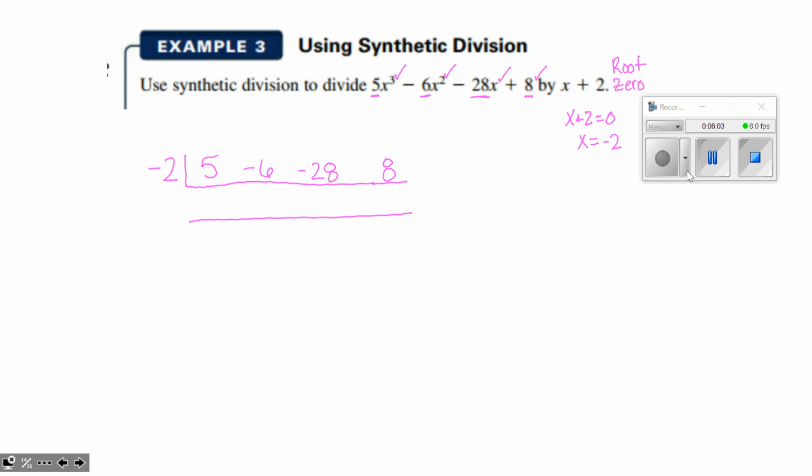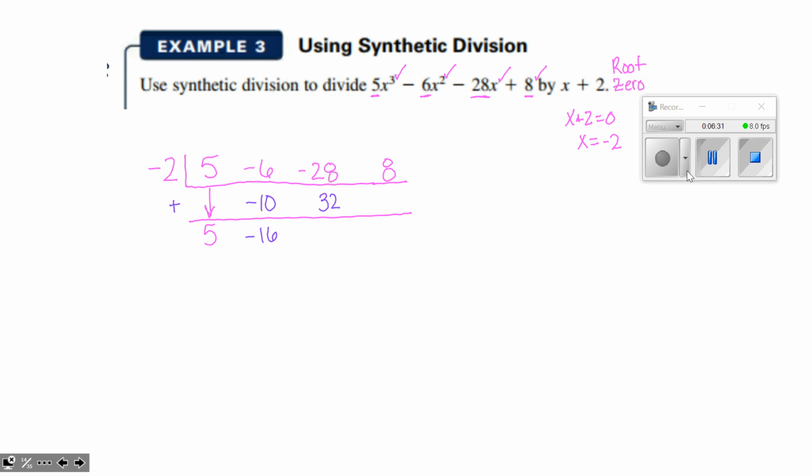All right, so what happens is this first number is going to come down, and I'm going to multiply the 5 times the -2. So 5 times -2 is -10, and we are going to add these guys. So then I have -16. And I'm going to say -16 times -2 is a positive 32.